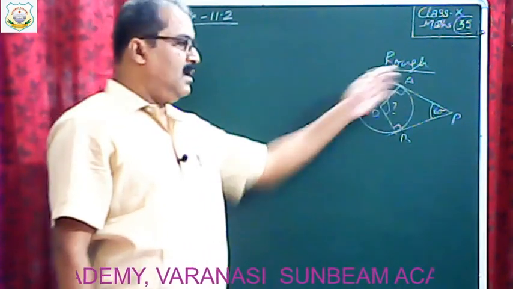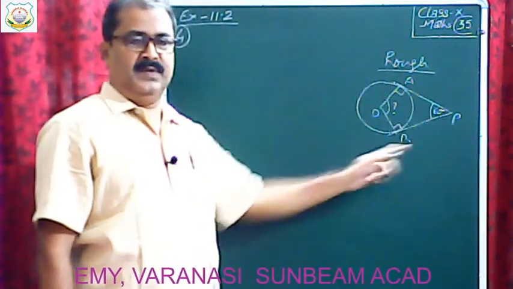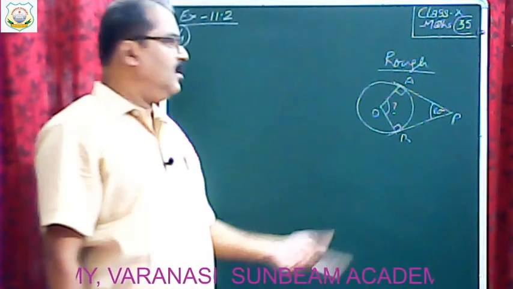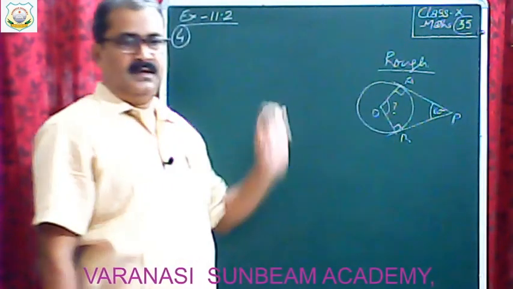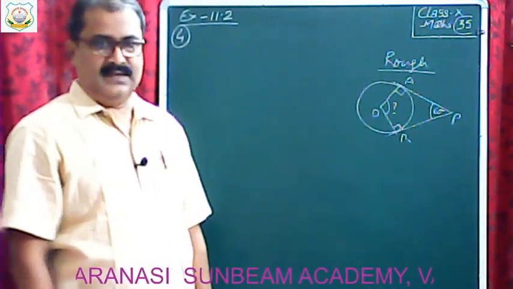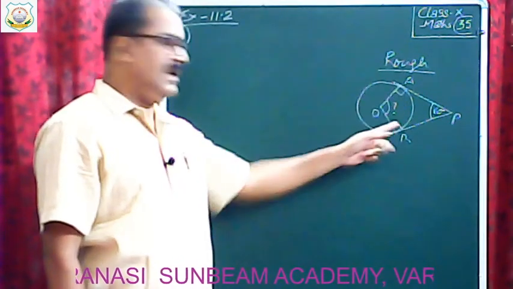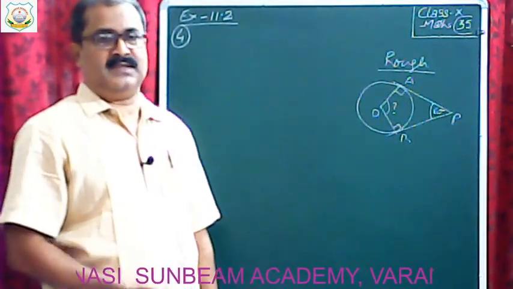It is a cyclic quadrilateral. OAPB is a cyclic quadrilateral because the sum of opposite angles is 180 degree, means angle A plus angle B equal to 90 plus 90, 180 degree.